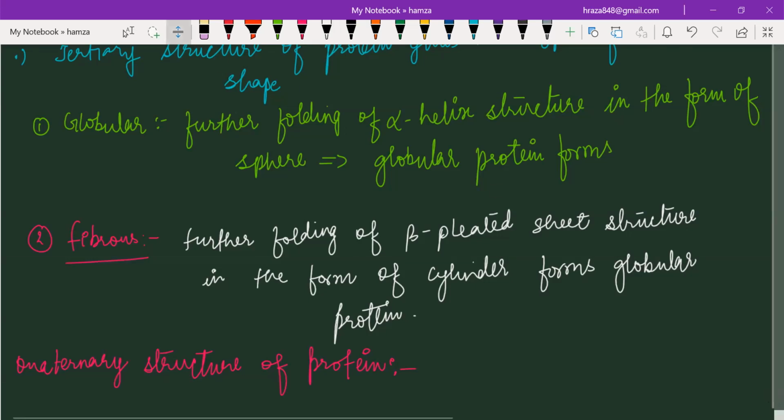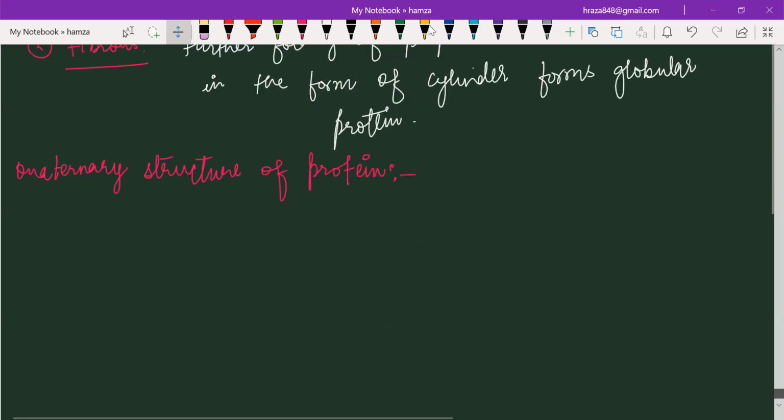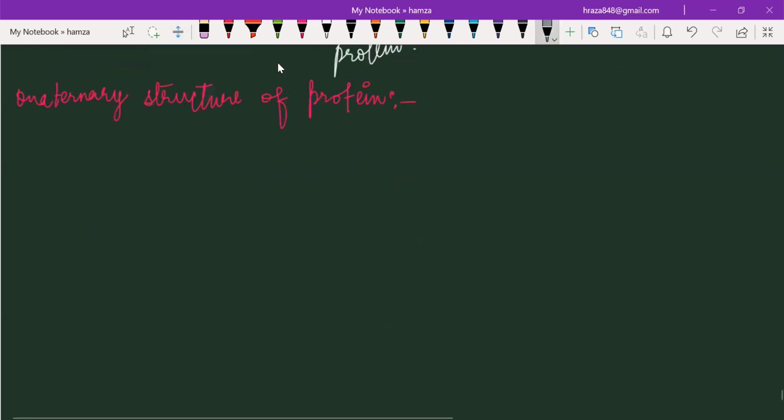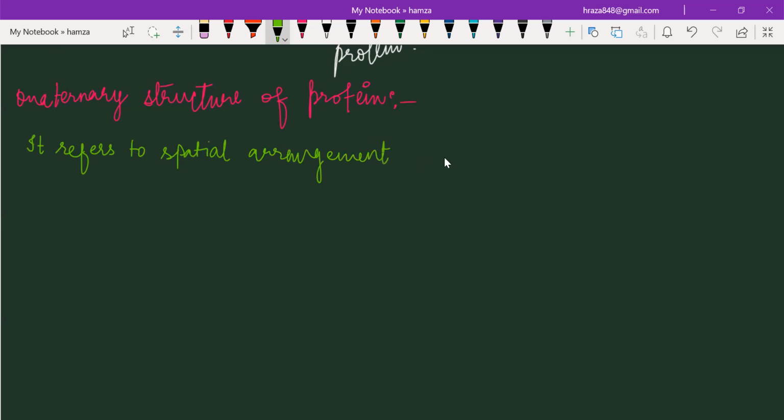Now, what is this basically? Quaternary structure of this protein. So basically, it refers to a spatial arrangement of subunits with respect to each other.